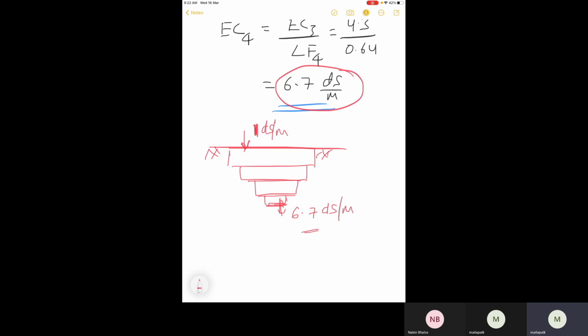So let's look at this. 6.7 deci per meter. So if you add 1 deci per meter, you get 6.7 deci per meter from the root zone.